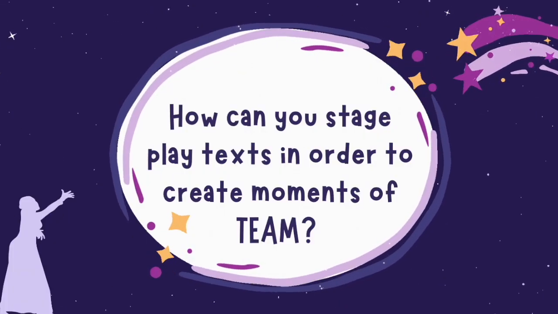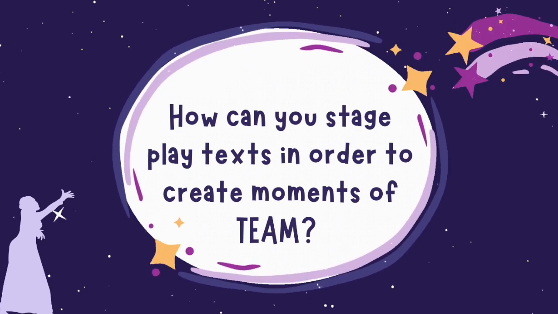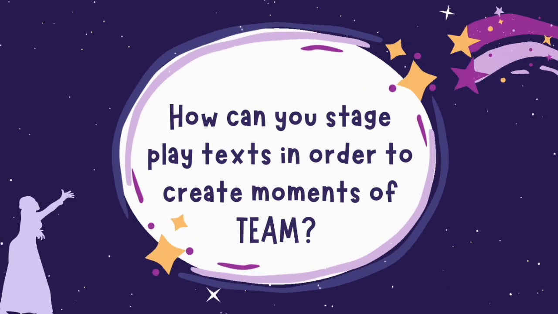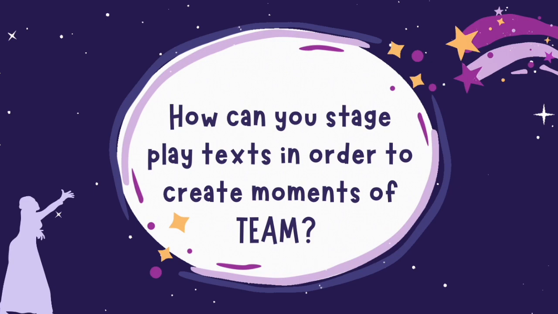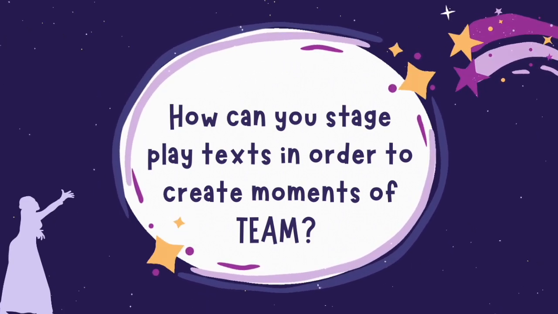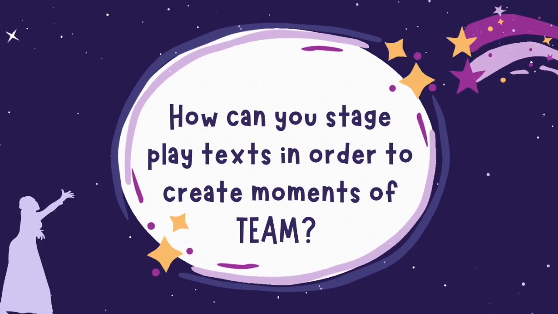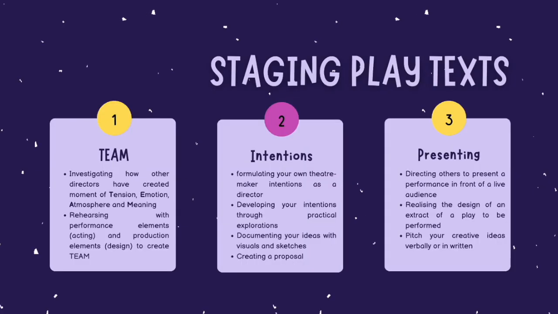So when you're looking at the staging playtext area of the syllabus, you want to think of a bigger question: how can you stage playtext in order to create moments of TEAM? TEAM is a really key word. T stands for tension, E for emotion, A for atmosphere, and M for meaning. So we're going to delve a little bit more into that.